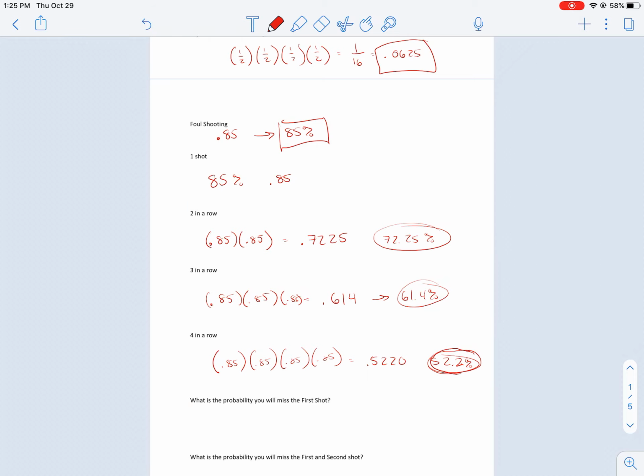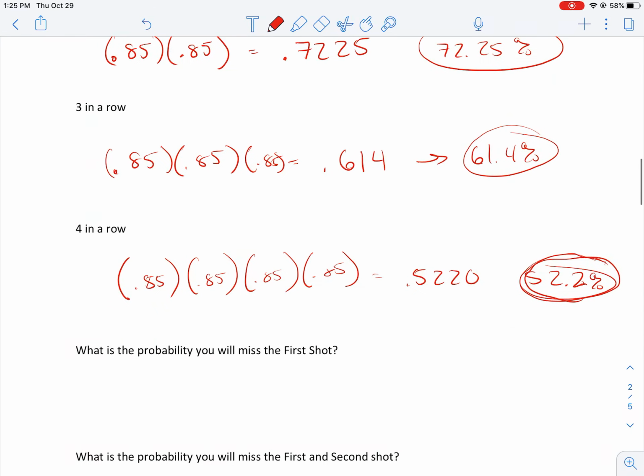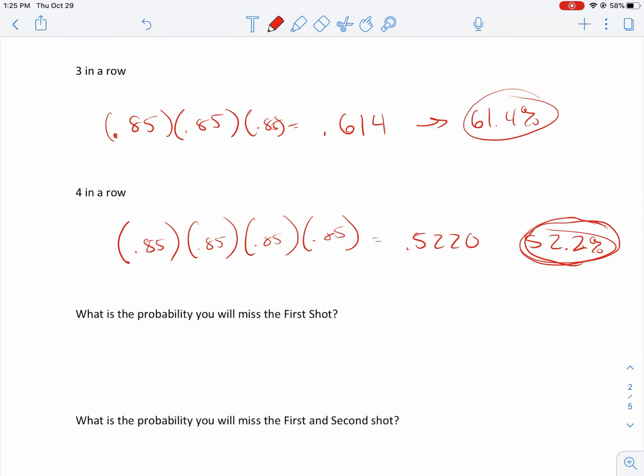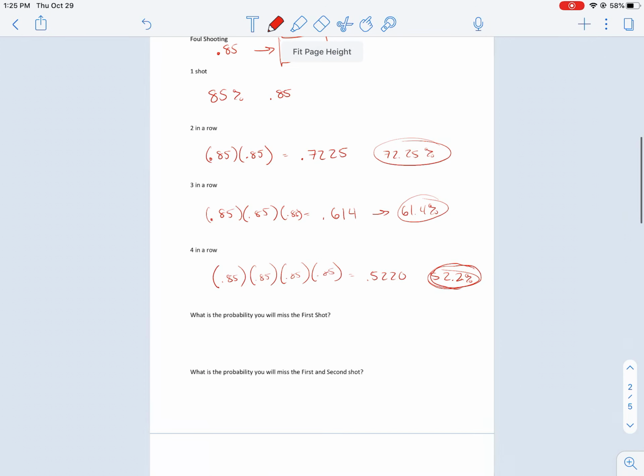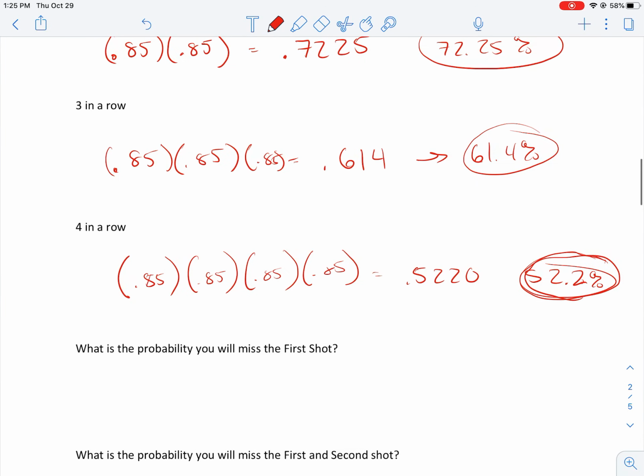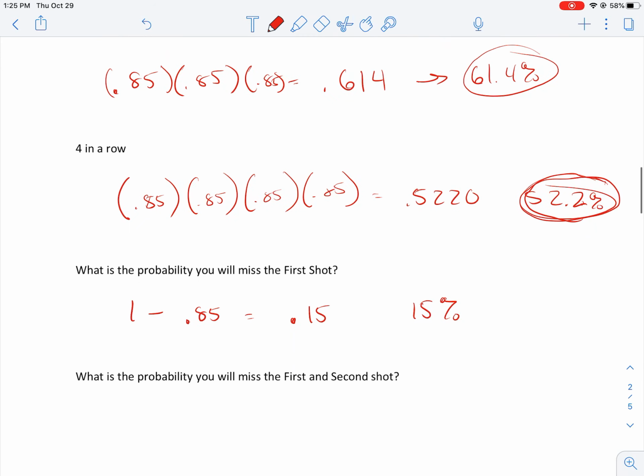Okay, so let's look at the probability that you will miss. What is the probability you will miss on the first shot? Well, if my shooting average is 85%, here's how you find it. You go 1 minus 0.85, which means I have a 15% chance of missing my first shot. Which isn't that large, should make me feel pretty good.